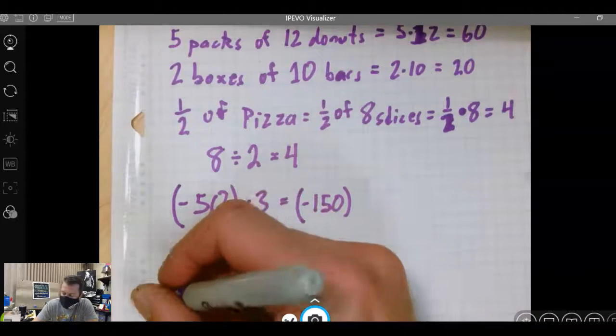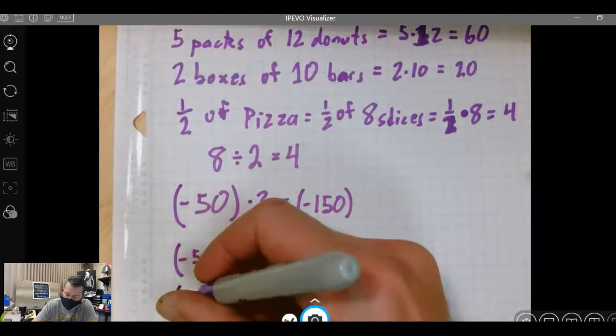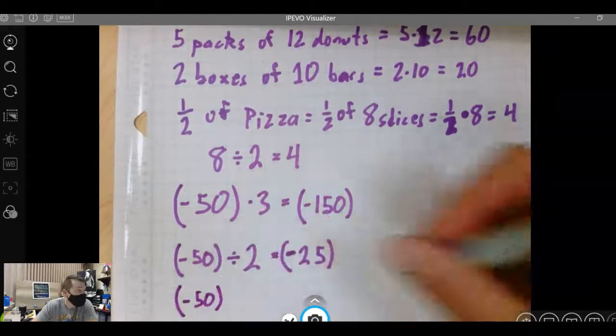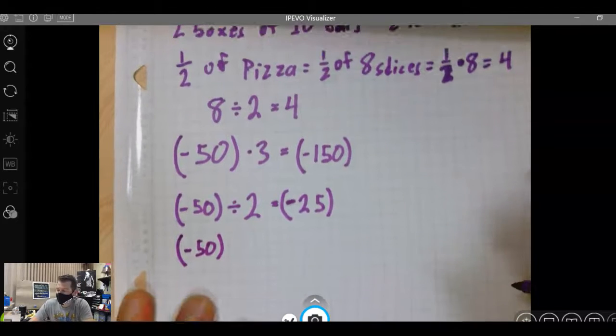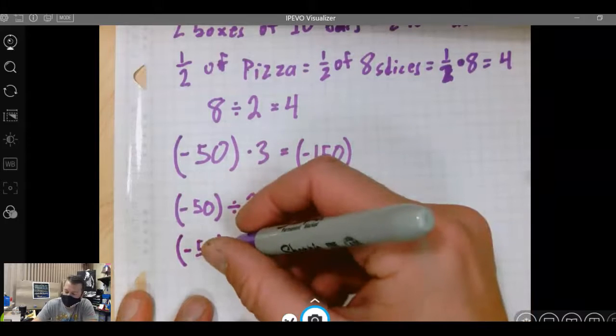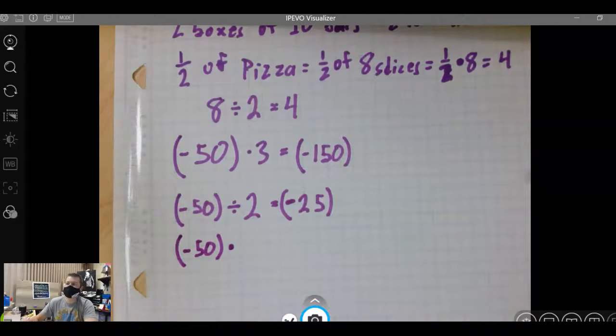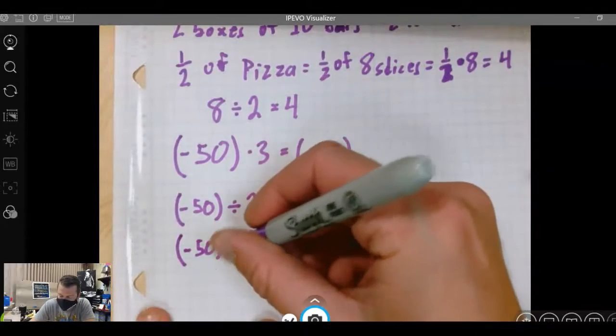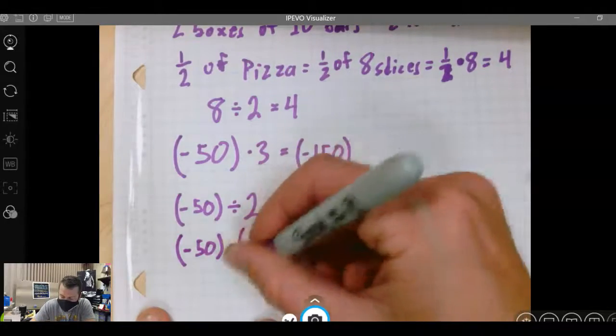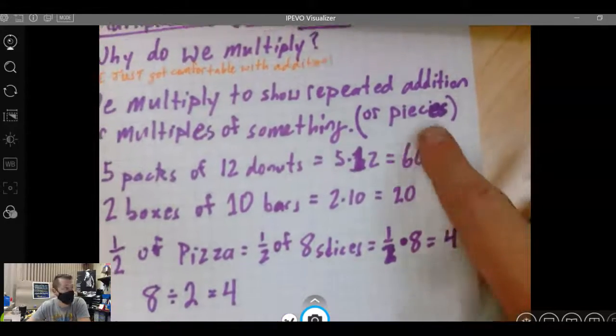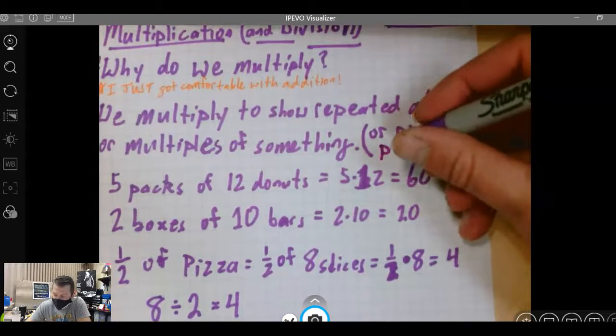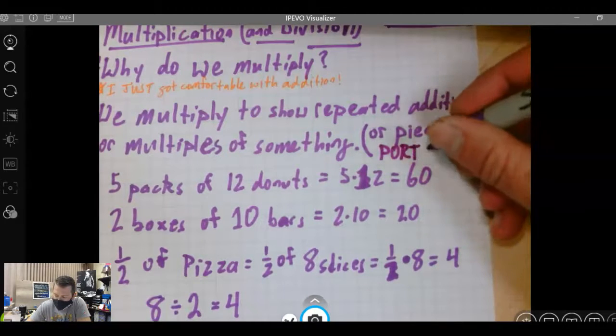Now, we can also multiply to do the exact same thing. Take your -50, and instead we can say each of you is going to pay what portion of the game? A half, right? Half of. So the portion, and actually up here where we wrote pieces, a fancier word for that is portions.